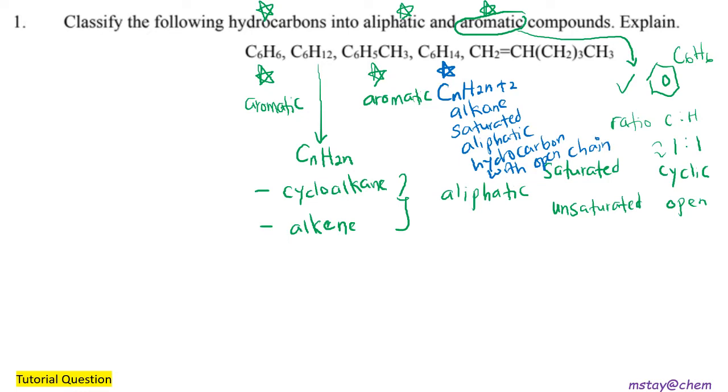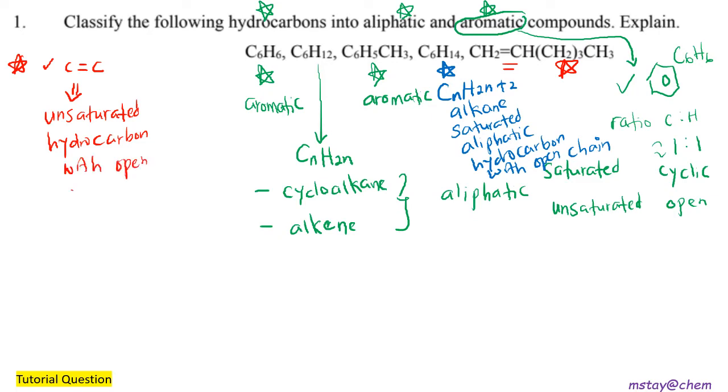Okay. The last compound that we're going to discuss is CH3 double bond CH2 3 CH3. From the structure here, it's very obvious that it consists of a carbon-carbon double bond. So this is an unsaturated hydrocarbon with open chain structure.